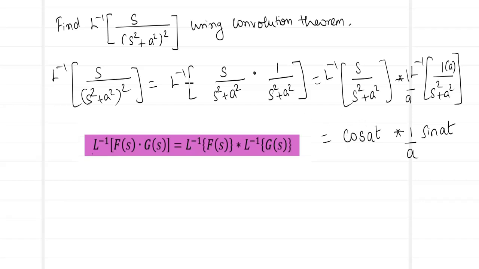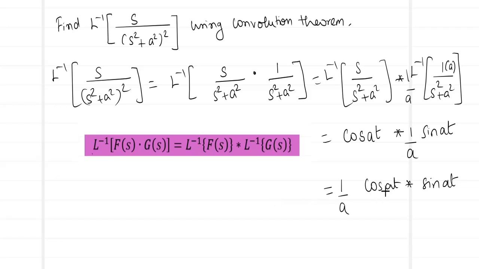So I have Laplace inverse of s by (s square plus a square) the whole square equal to cos at convolution 1 by a sin at. This 1 by a, being a constant, can be taken outside to have it as 1 by a times cos at convolution sin at.